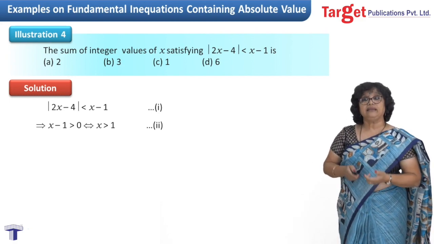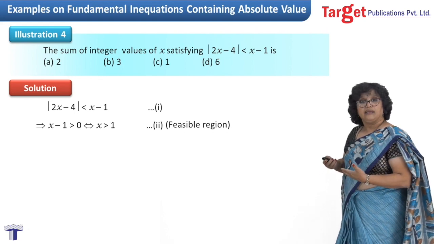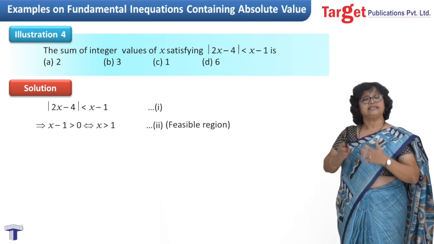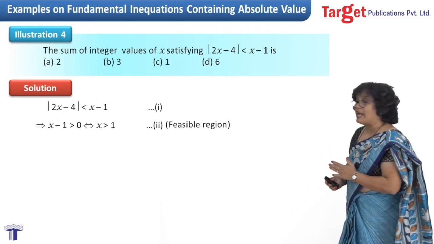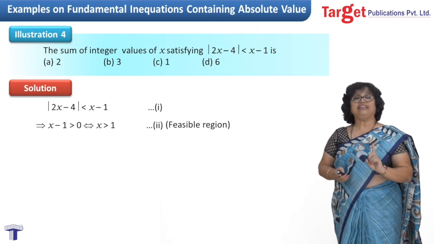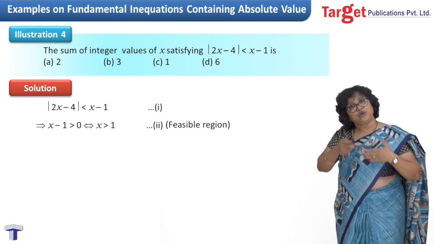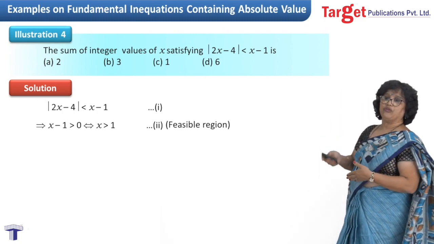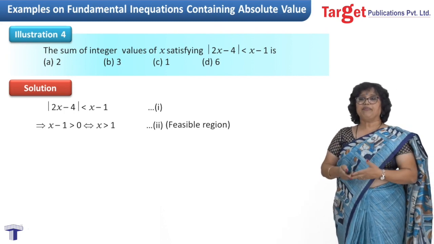Now this gives me the feasible region where my solution lies. Means indirectly what I am saying is that the solution does not lie in the region minus infinity to 1. So even 1 will not be included in the solution set. So my solution will start from 1 onwards, if at all the inequation has a solution. So I simplify this.